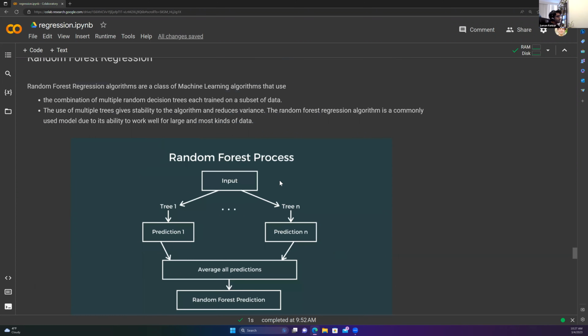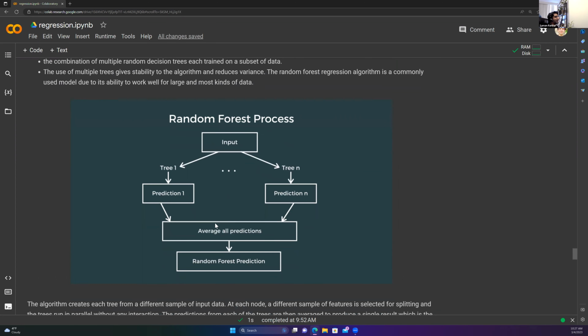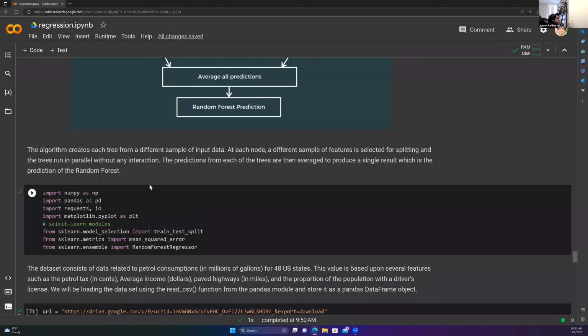Again, to make it simple, random forest uses multiple decision trees, and the important point is that they are trained in parallel. That's why you see multiple decision trees in parallel. The algorithm creates each tree from a different sample of input data. At each node, a different sample of features is selected for splitting, and the trees run in parallel without any interaction.